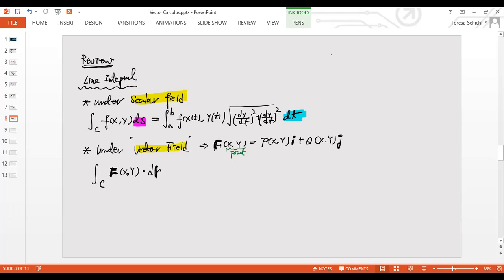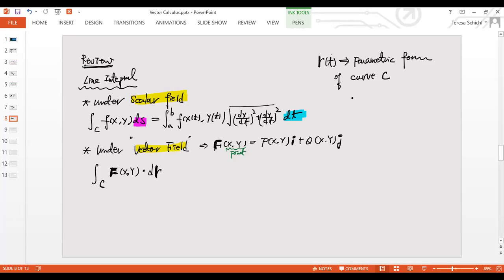What is this r? It's the same as when we did integration over scalar fields: r(t) is the parametric form of your curve C. It's also a vector.